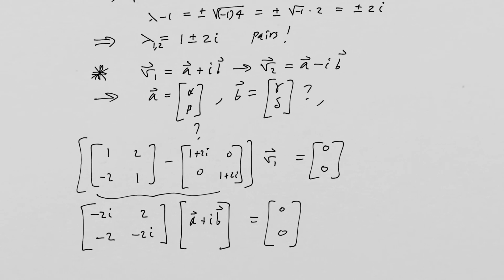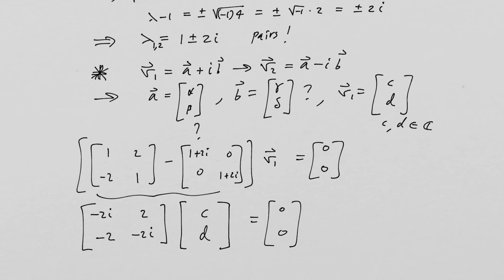Another way to write this is to write v1 as c and d, since we're running out of letters here. We're going to allow c and d to be complex values. Maybe that will be a little simpler for us to figure out. Again, there are many ways to go about this, depending on what notation you want.